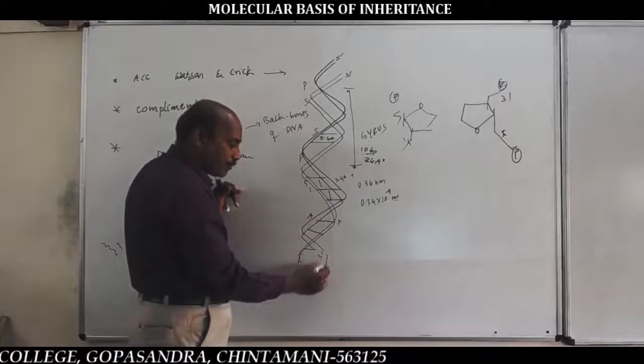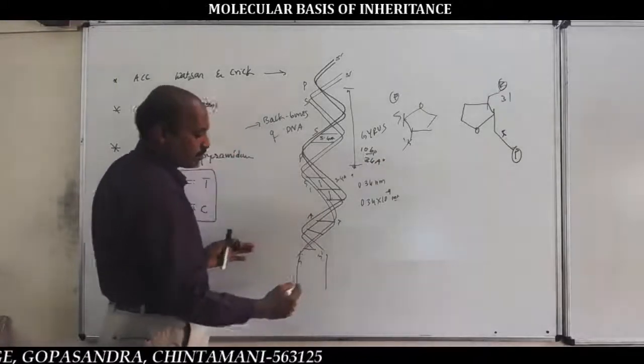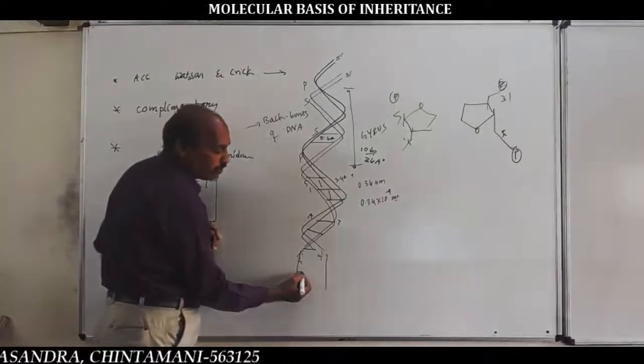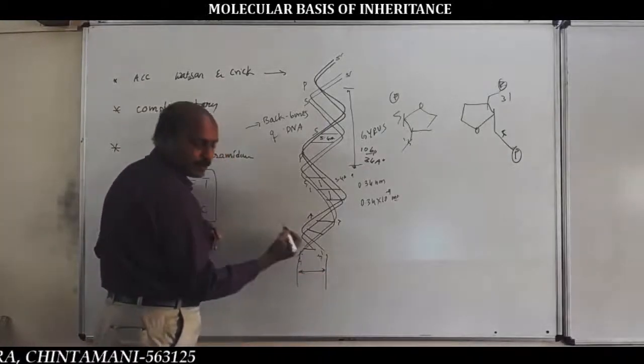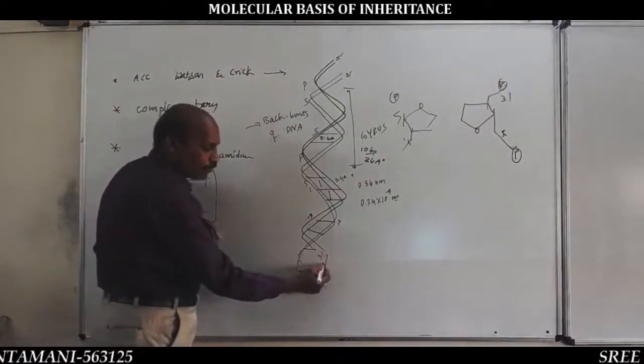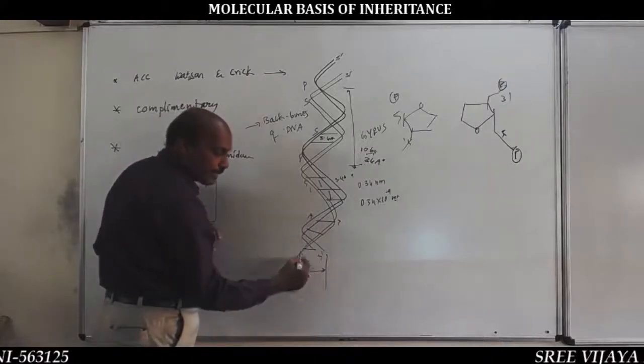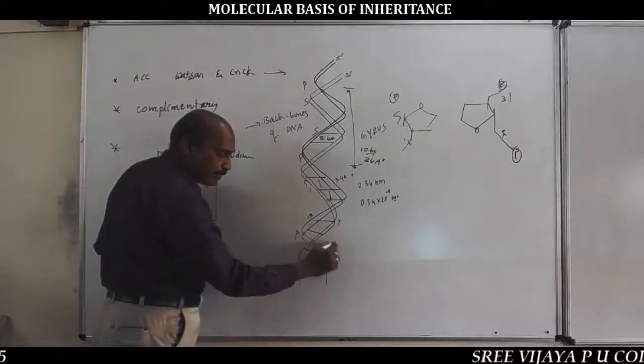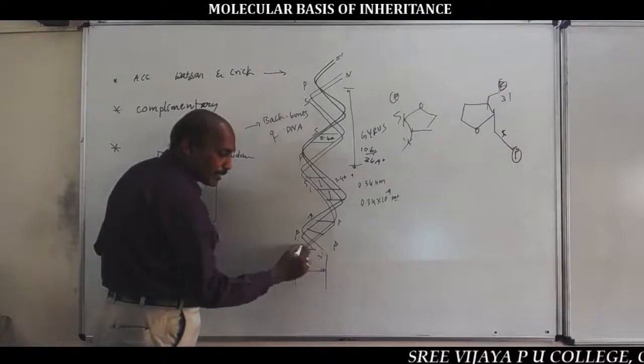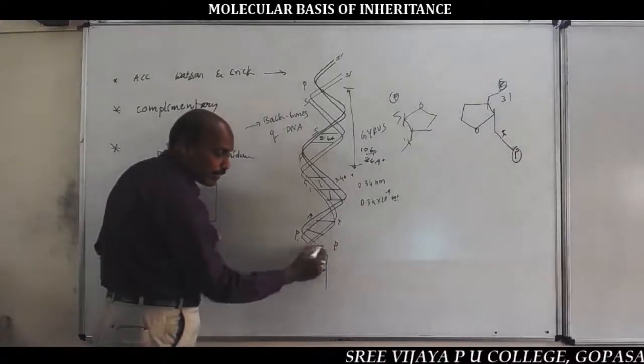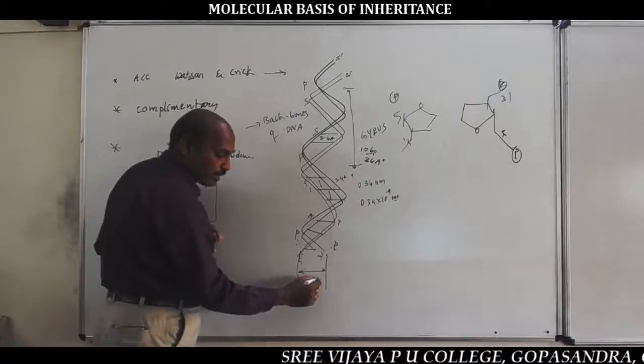And the diameter of the two strands, the dimension between the two polynucleotide chains, measured between the phosphate functional groups, is 20 angstroms.